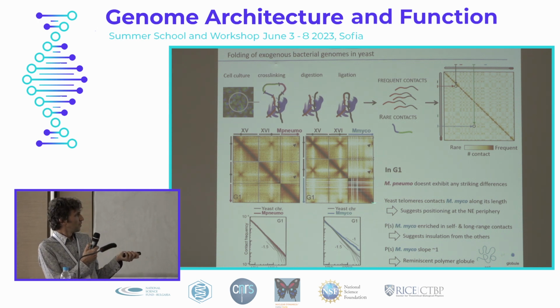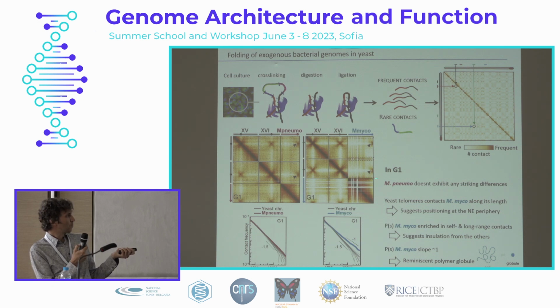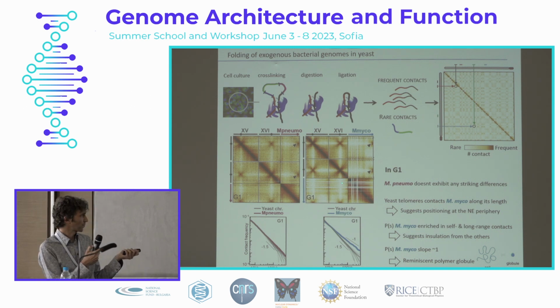And so this suggests, and you can also see on the map clearly, that the extremities of the entire Mycoplasma mycoides genome seem to make more contact with the subtelomeres of the other chromosomes. So you can see here the stripes, the black dotted lines, with the enrichment in contact in between the subtelomeric regions of these different chromosomes and the entire Mycoplasma genome.